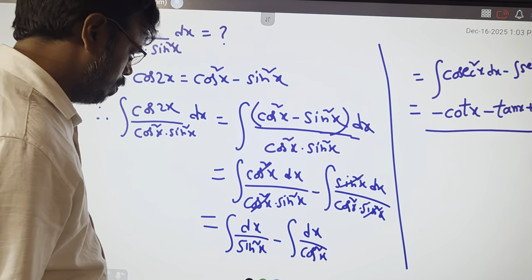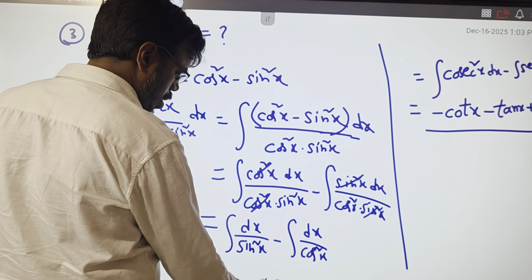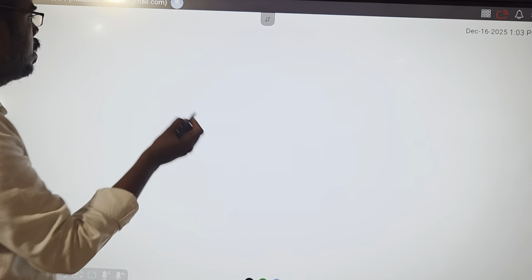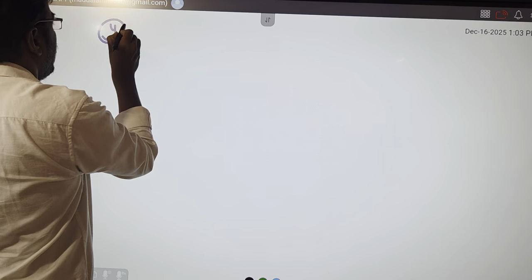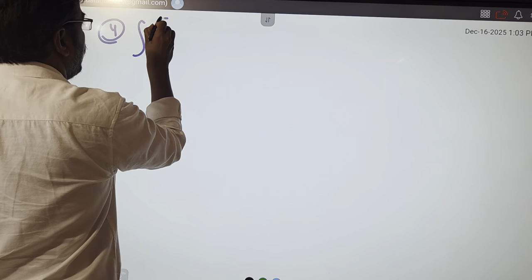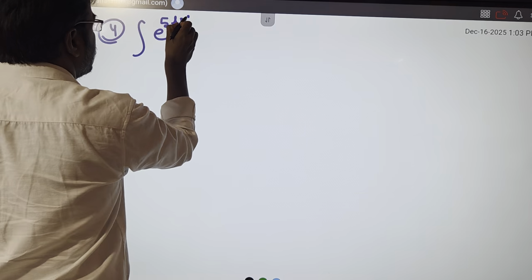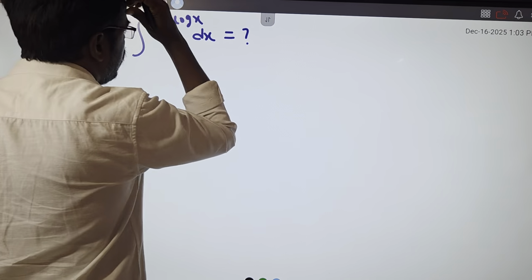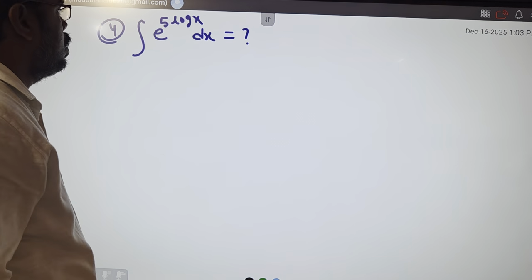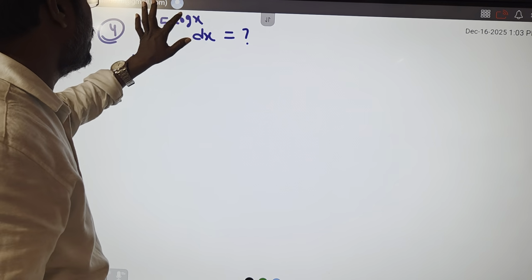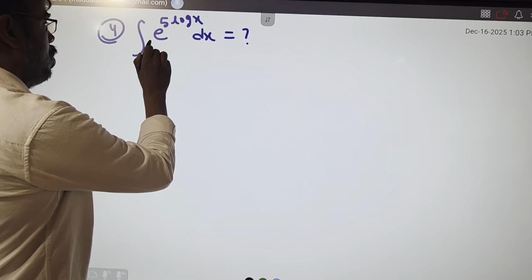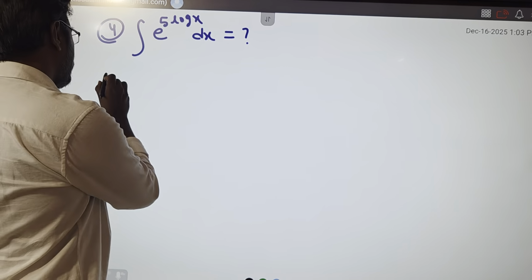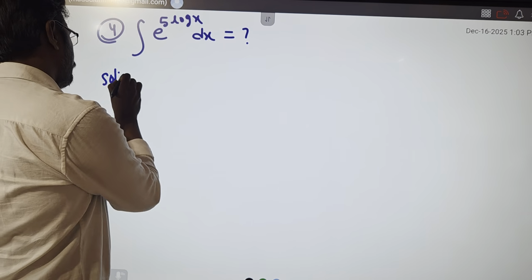And the next problem is integral e power 5 log x dx. Here an exponential function along with a logarithmic function is given, so we need to know some properties also.